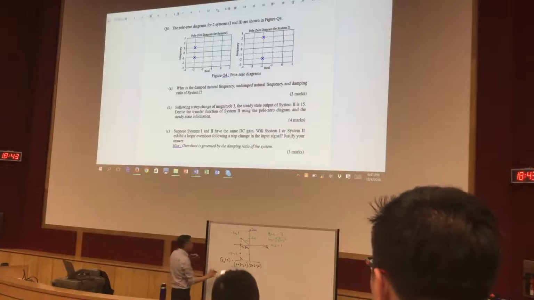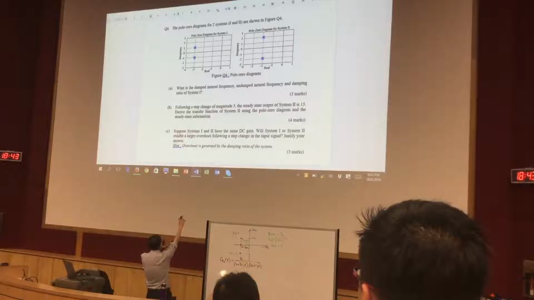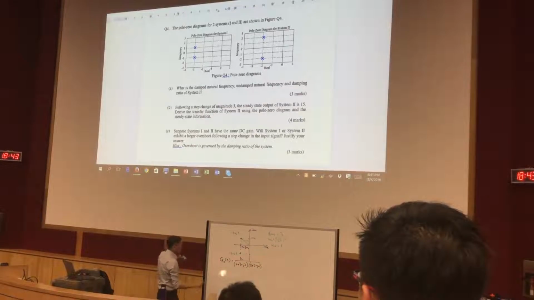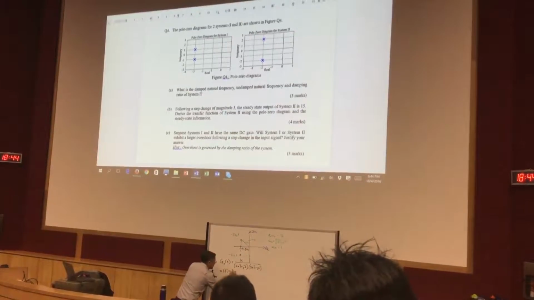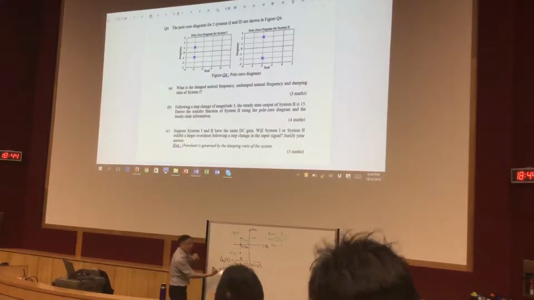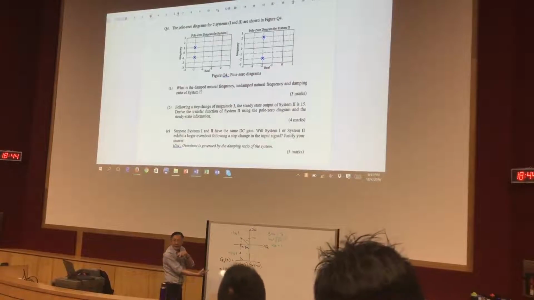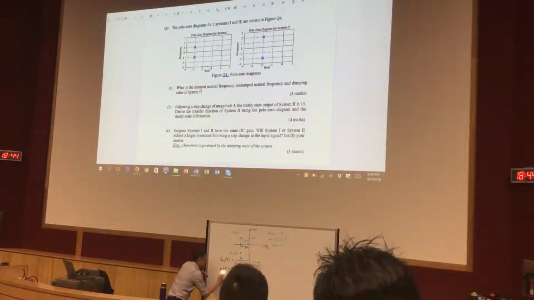And he told you that the steady state output is for a step change of magnitude 3, that means x(t) is 3u(t). It's a step change of 3. Therefore, you know X(s), right?